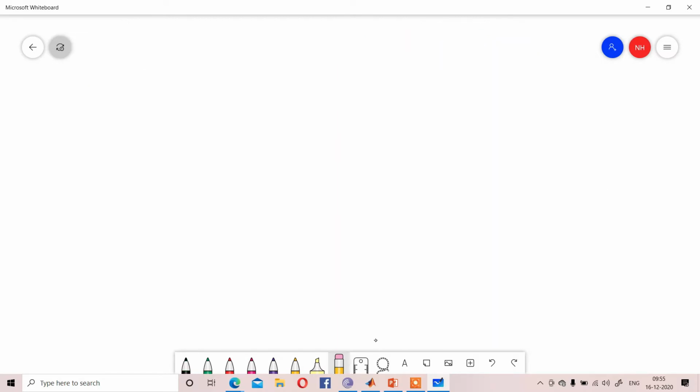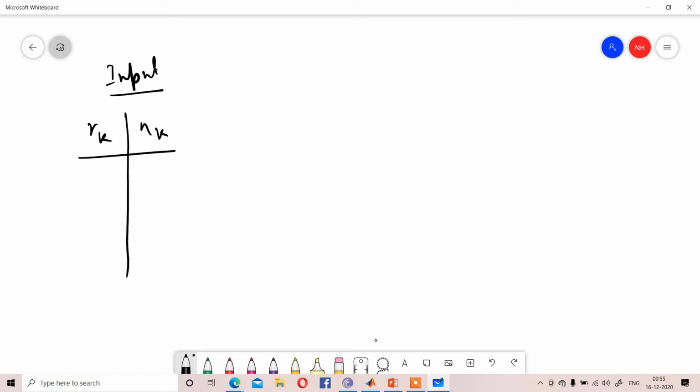So write down a home task. Input image is given as RK and NK as 0, 1, 2, 3, 4, 5, 6, 7, and NK is given 8, 10, 10, 2, 12, 16, 4 and 2.